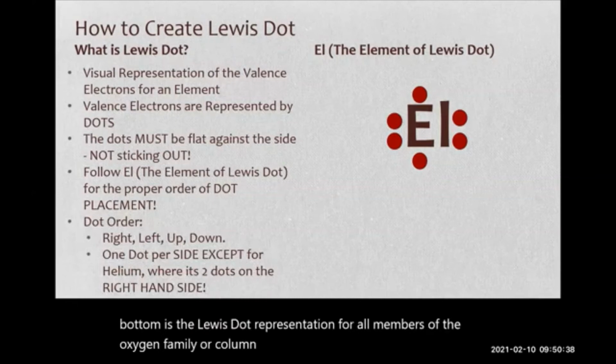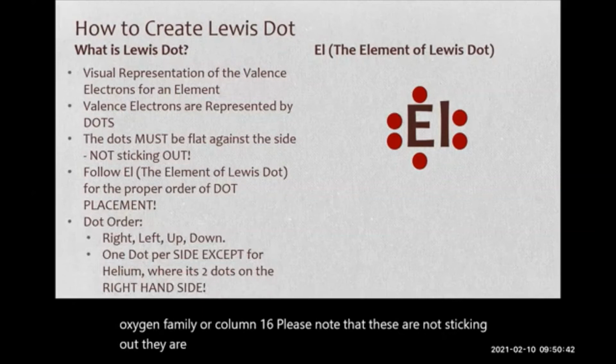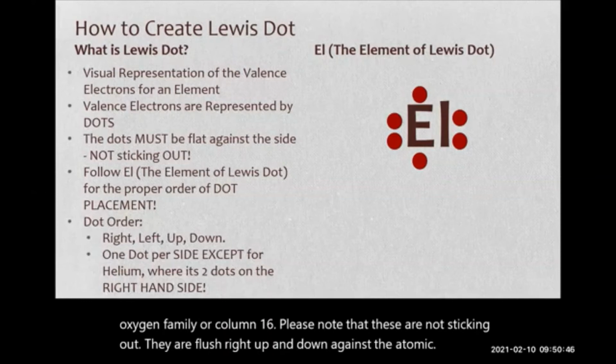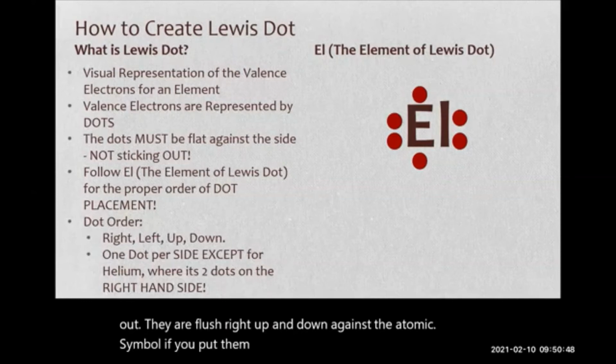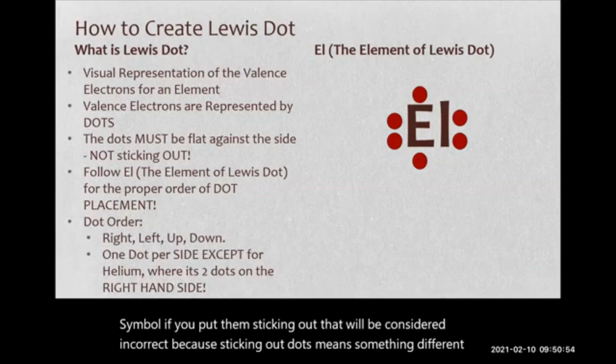Please note that these are not sticking out. They are flush right up and down against the atomic symbol. If you put them sticking out, that will be considered incorrect, because sticking out dots means something different in chemistry.